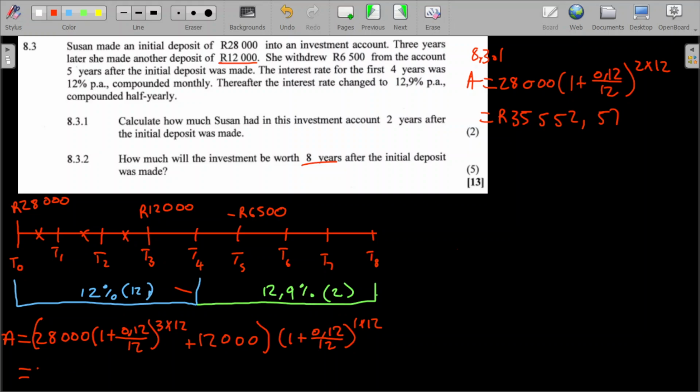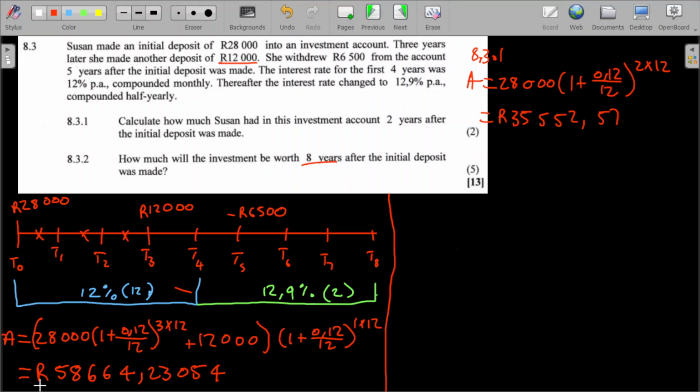This is the amount that is going to be in the bank for the first 4 years before the interest rate changes. There are many ways your teachers may teach you to do this specific question. I'm not going to round off now since this is not my final answer. I'm just going to write all the decimal places.